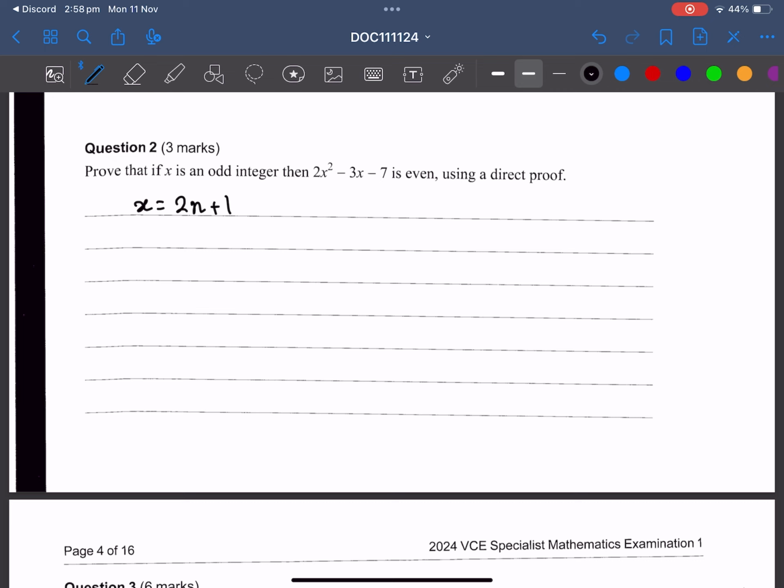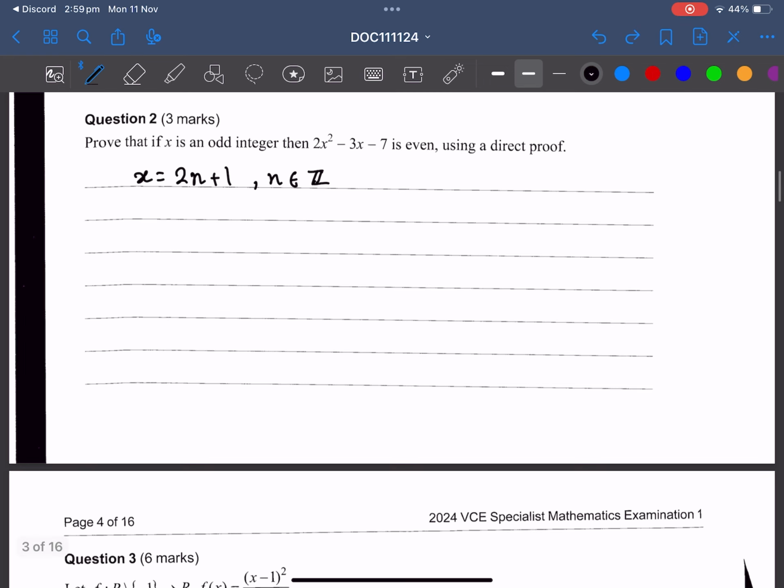The reason being n here is any integer, because we are timesing it by 2 first, so it becomes an even number, and then we are adding 1, so it will become an odd number at the end of the day. Even if n is an odd number, we times it by 2, it becomes even, add 1 again, it becomes odd. So you can also do 2n minus 1, but either of them is fine.